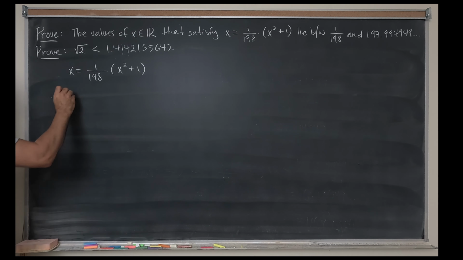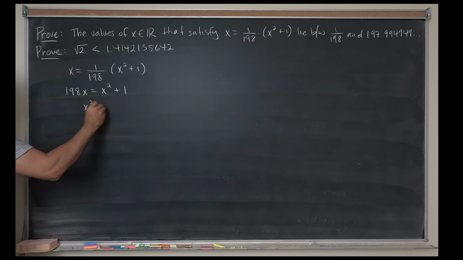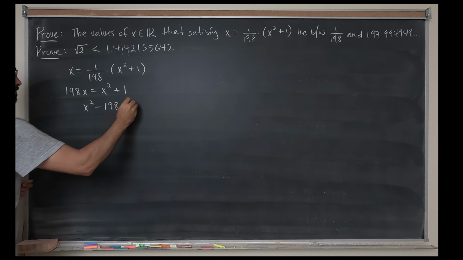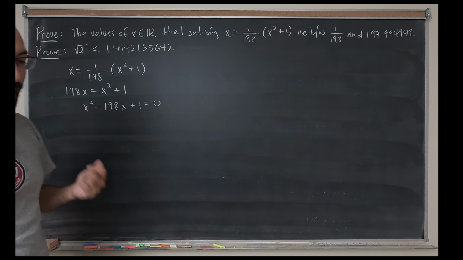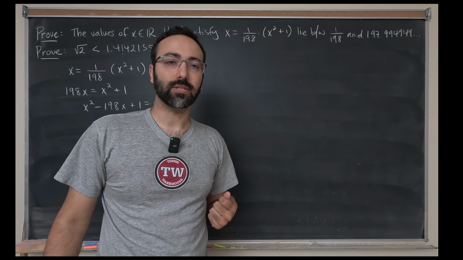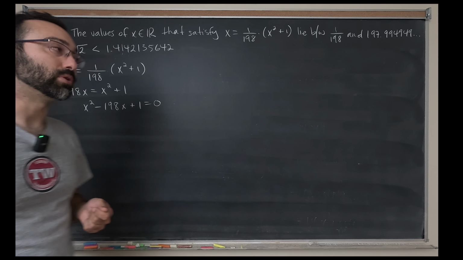So if we cross multiply and then rearrange everything into standard form, we obtain this result here. So how do we solve a quadratic equation like this? Well, it doesn't factor. You can try. So let's use the quadratic formula.